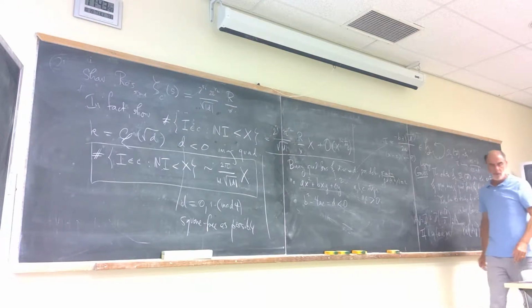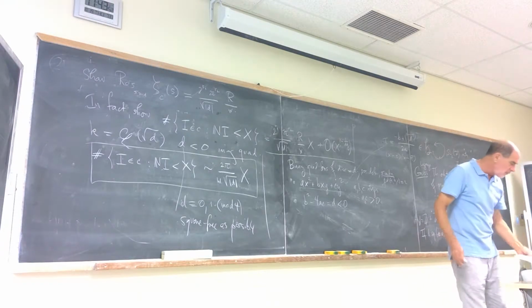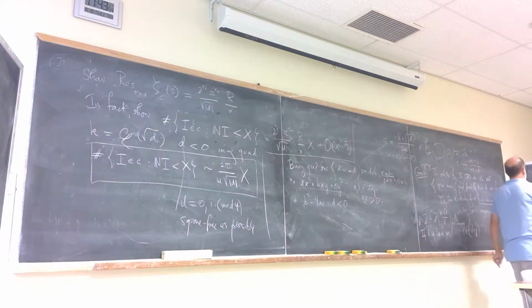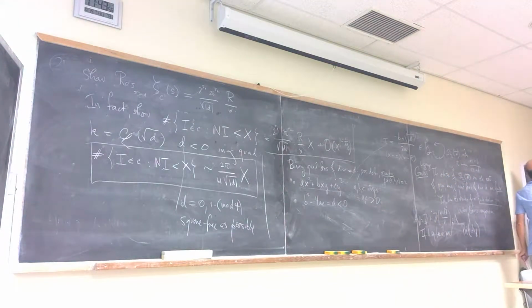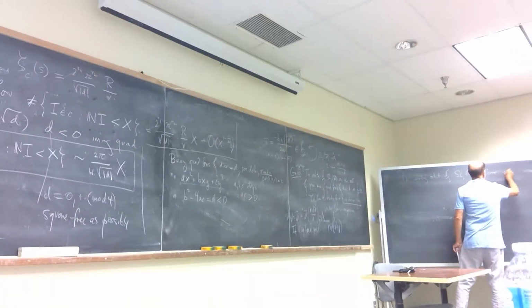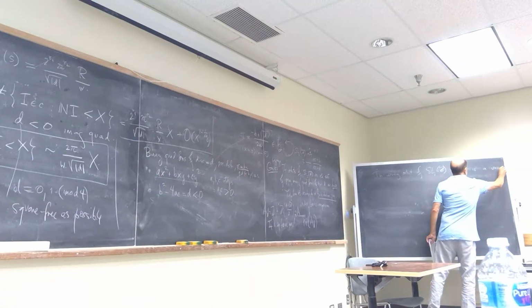Well, he used Lagrange's theory of finding a reduced representative. So it turns out that in every orbit of SL2Z, Lagrange had done this for GL2Z, there is a unique reduced form.